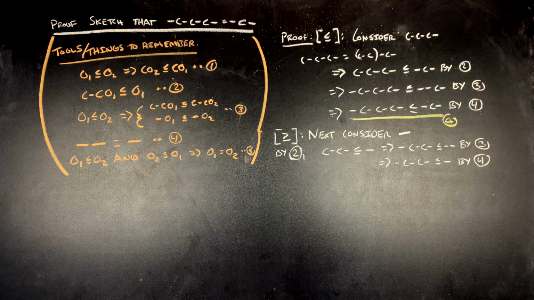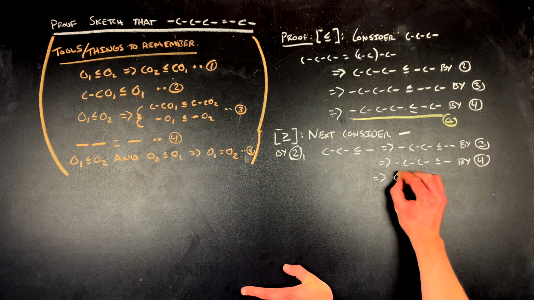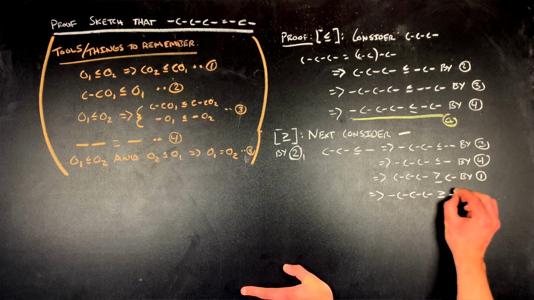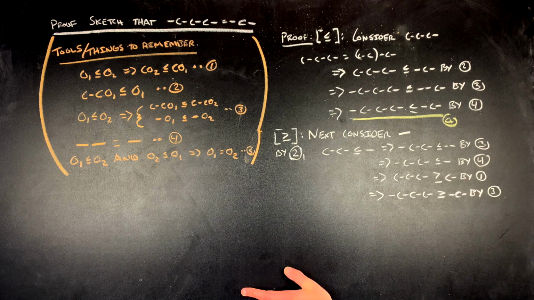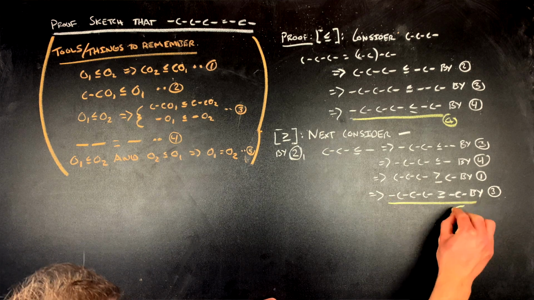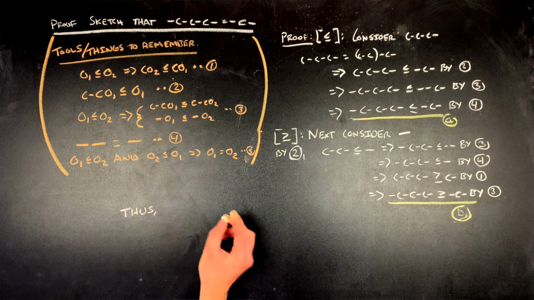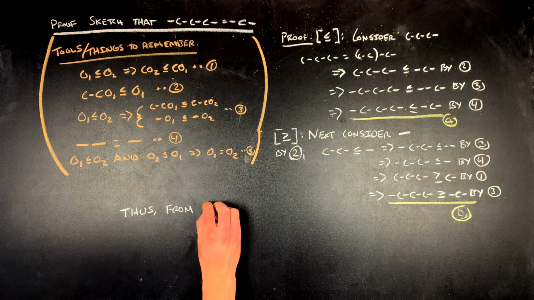We can then go ahead and apply the complement to both sides, which will reverse the signs. So C bar is greater than or equal to C bar. And then lastly, applying the closure operation to both sides again, we yield that bar C bar is greater than or equal to bar C bar. So bar C bar is both greater than or equal to and less than or equal to bar C bar.